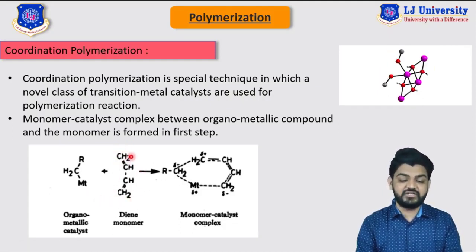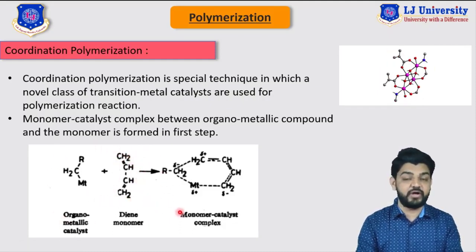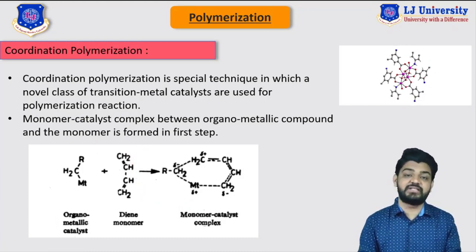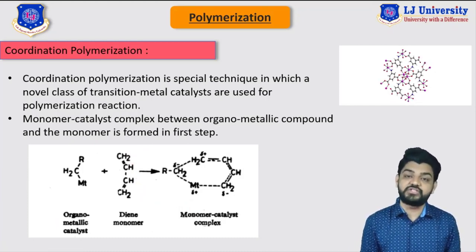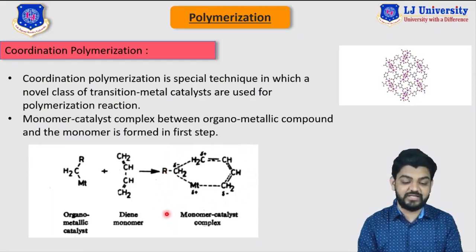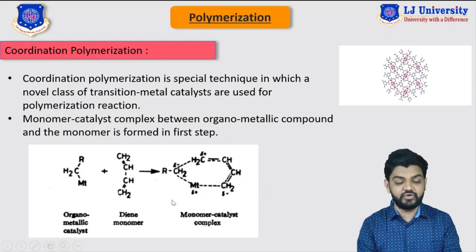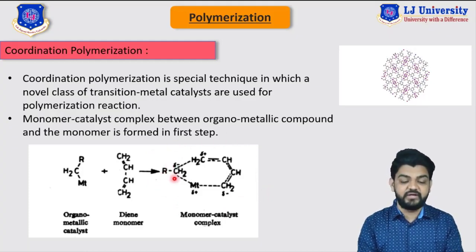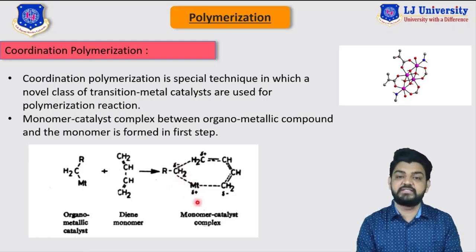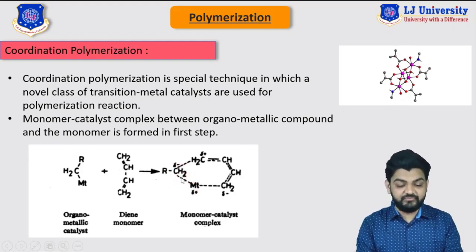When the reaction between these two happens, it produces the novel catalyst that we are discussing throughout this lecture, which is used for coordination polymerization. The catalyst compound looks like this. Here is again the R attached to CH2, and our metal, represented as Mt. Now, where is our monomer?